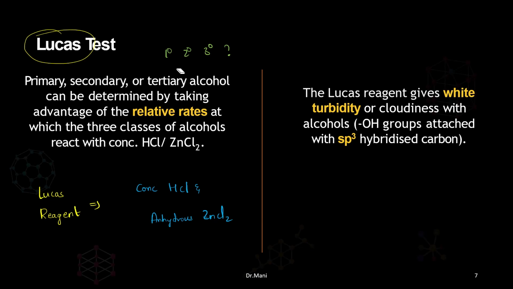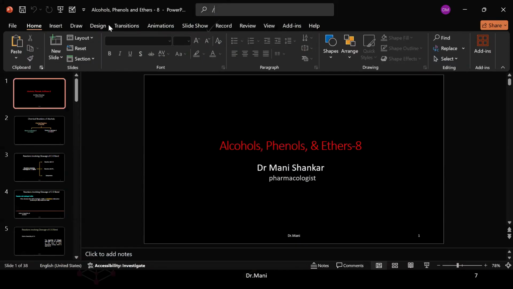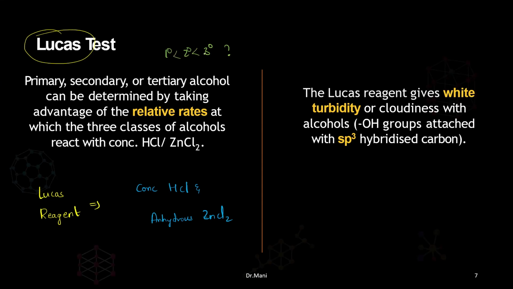Is it clear how we are doing this? Just remember, tertiary is more reactive than secondary, than primary. So the reaction will happen immediately for tertiary compared to the secondary, compared to the primary. Based on that advantage, we can determine the three classes of alcohol by reacting them with concentrated HCl and zinc chloride.